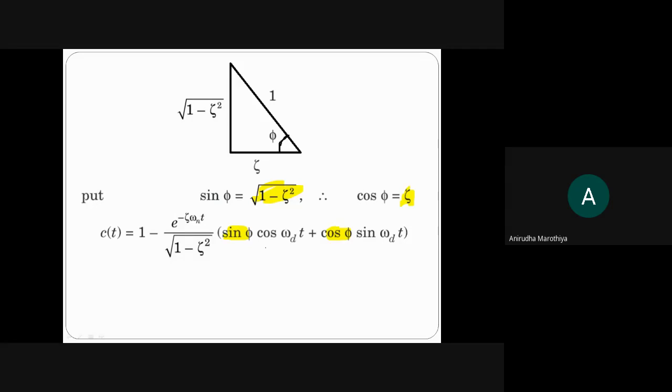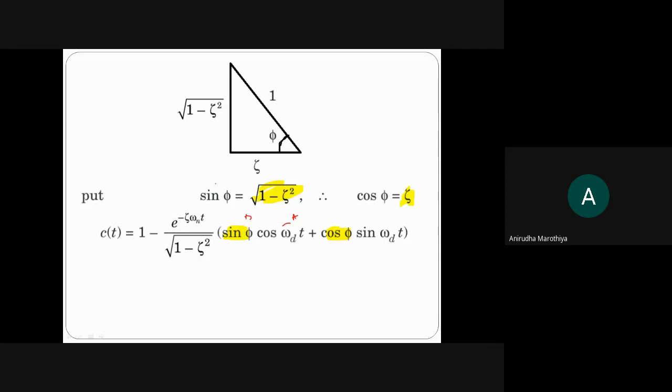Because here we have sin A cos B plus cos A sin B, which is equal to sin of A plus B. In this case we take A as omega dt and B as phi. So we need to apply that logic and reduce this expression to the smallest version possible.